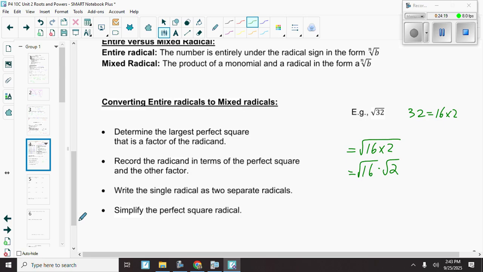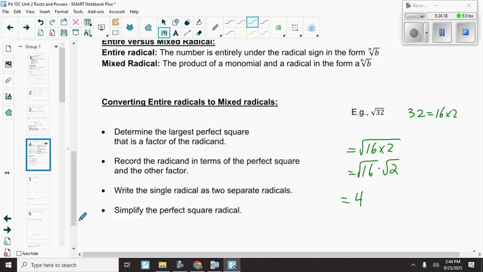Here I'm recording the radical in terms of the perfect square and the other factor, and then writing this single radical as two separate radicals. Now the perfect square, I'm going to take the square root of it. The square root of 16 is 4.